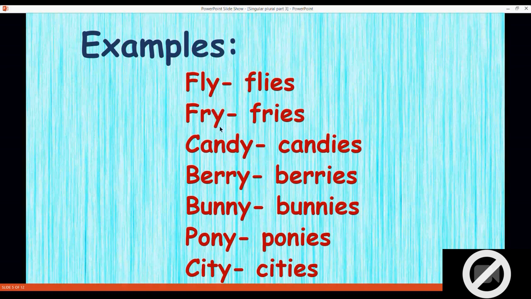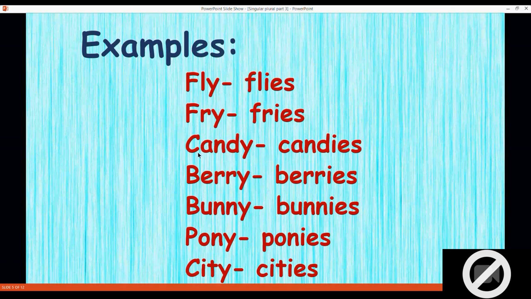So we are taking away Y. We don't do anything to R. We want to take away Y and add, what are the letters? Come on, type. Superb, superb. I-E-S. We should add I-E-S instead of Y, because there is a consonant before Y.